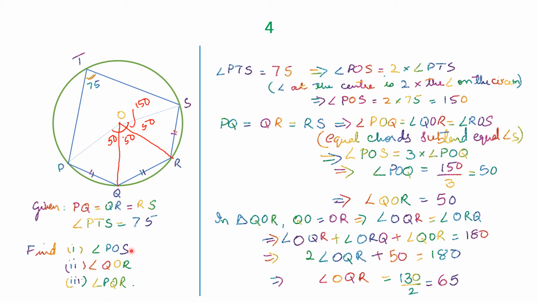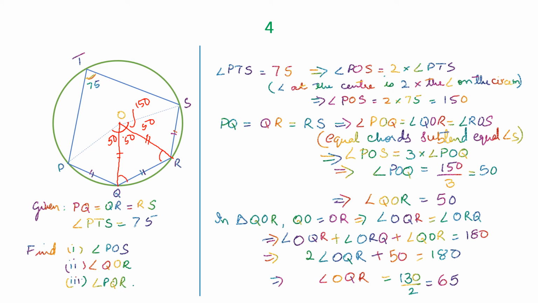Now we have found angle POS, we have found angle QOR, and we have to find angle PQR. So angle PQR is the angle we want to find out. What I do is look at triangle QOR. In this triangle, since side QO is equal to side OR, these two angles are going to be equal.